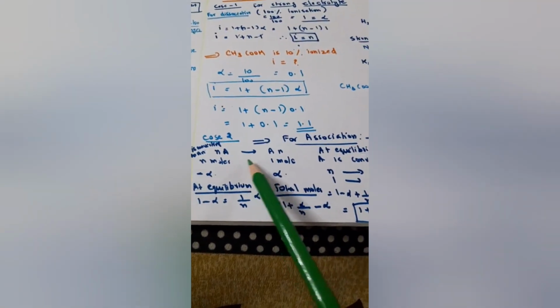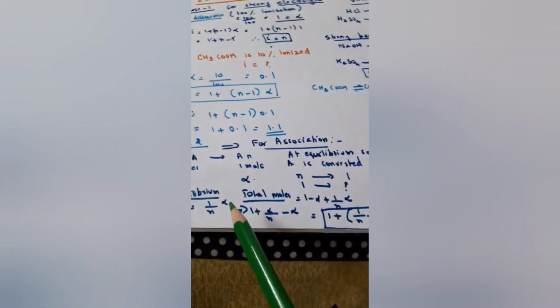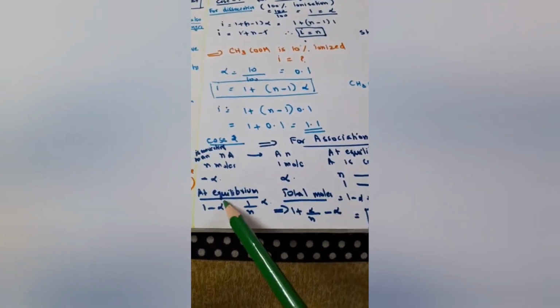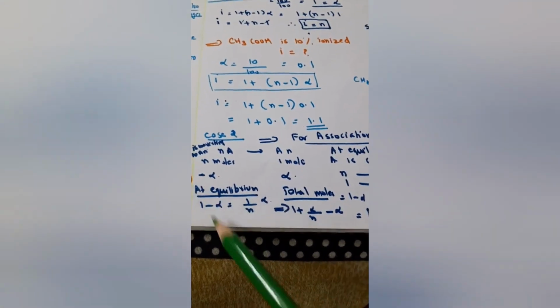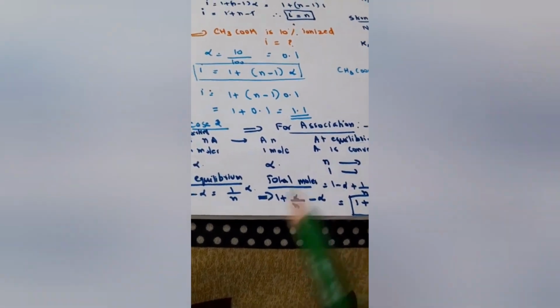From n moles we get 1 mole, so for 1 mole we calculate by cross multiplying, 1 by n. Then you do the substitution and find the value for i. So this is an easy method.